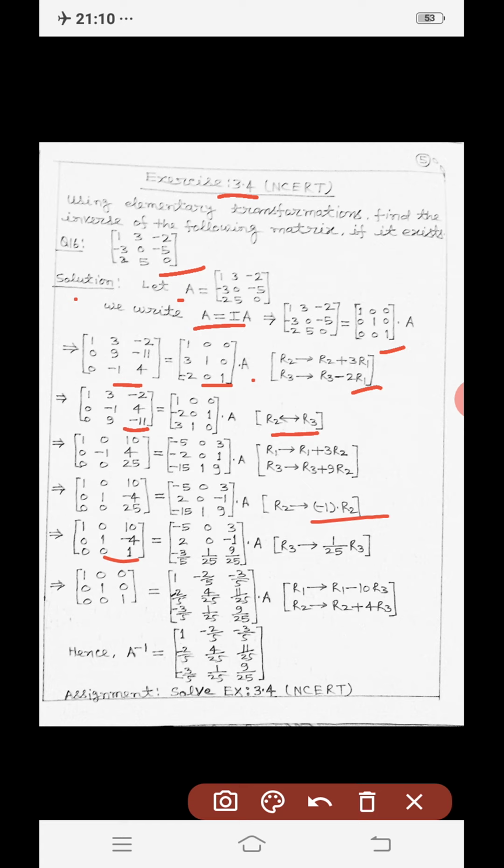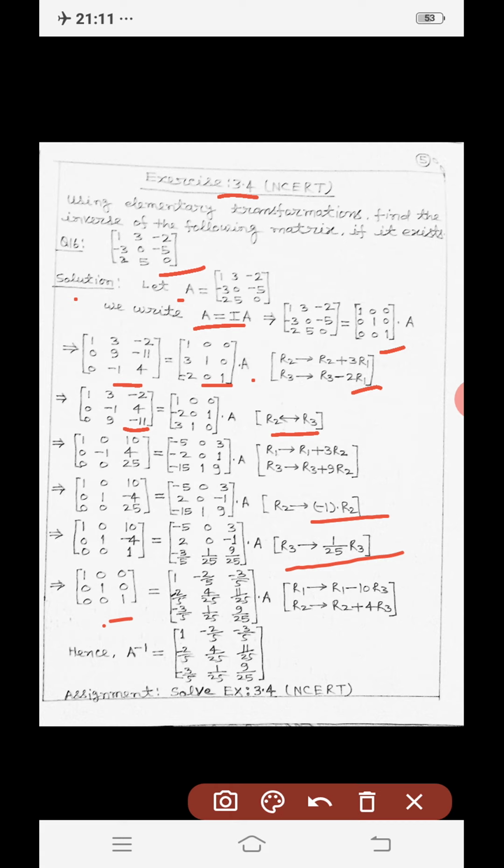Again we apply the elementary operation R3 changes to 1 by 25 into R3. We get 1, 0, 10, 0, 1, -4, 0, 0, 1, equal to -5, 0, 3, 2, 0, -1, -3 by 5, 1 by 25, 9 by 25.